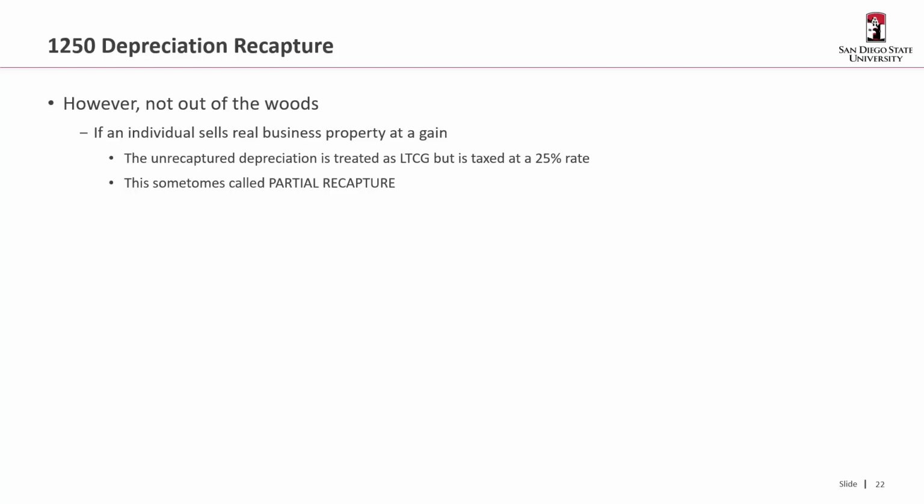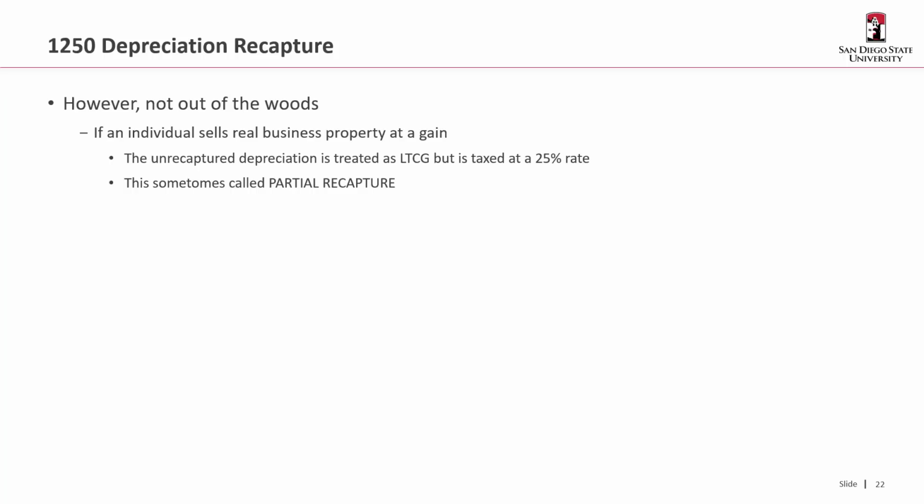This is sometimes called partial recapture, right? So you really only recapture the accelerated portion. Well, since the accelerated portion doesn't really exist anymore, everything is unrecaptured, but we don't escape recharacterization in total. It's the same character, long-term capital gain, but it's taxed at 25%.